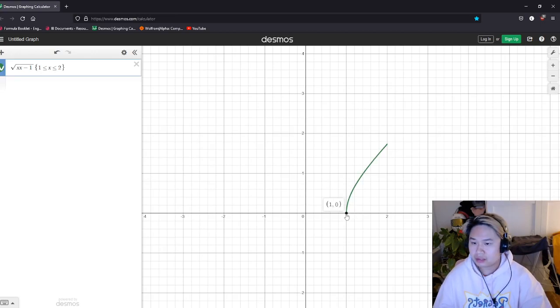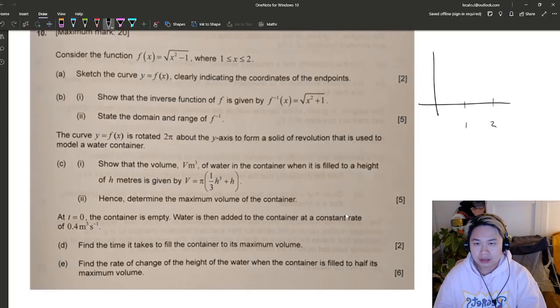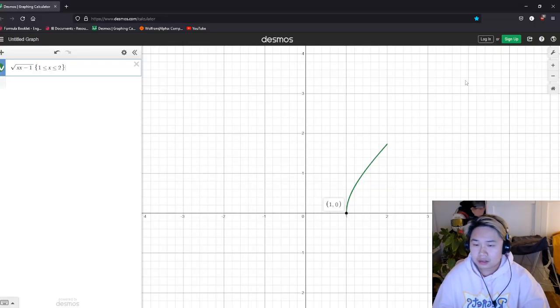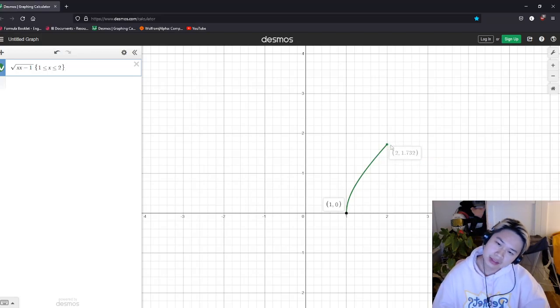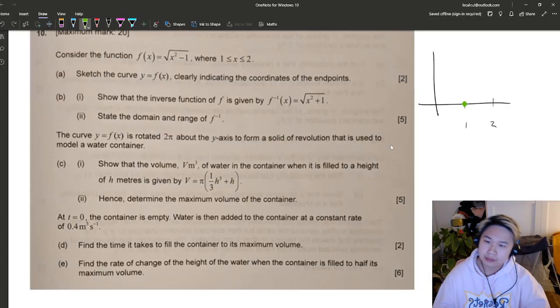So you have an x-intercept right here. And then you have an endpoint at 1.73.